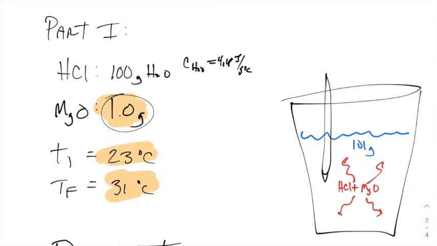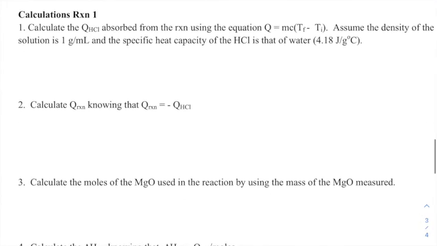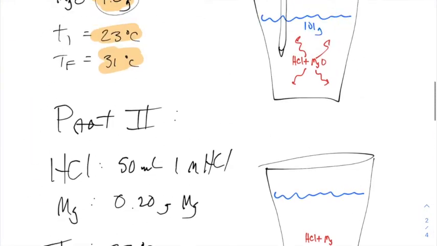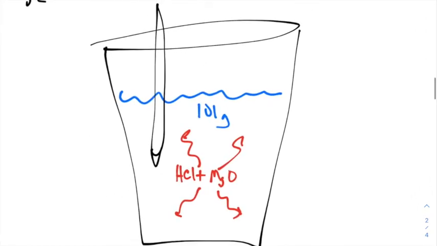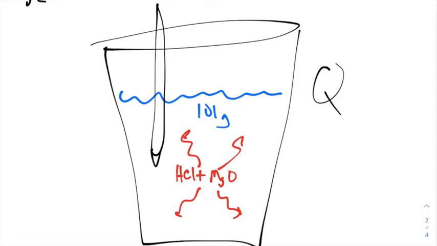So let's run through the calculations then for part 1. They are down here. It says calculate the heat that the reaction gave off, but we'll really calculate the heat that the water absorbed. So what I'd like to do is calculate the heat, the Q, of the amount that was absorbed by the calorimeter process itself.